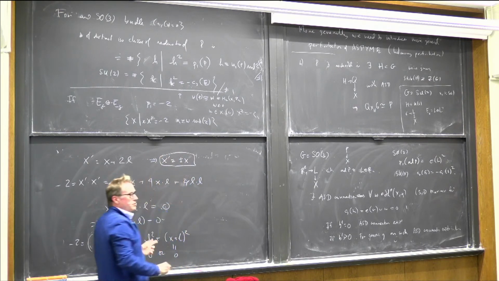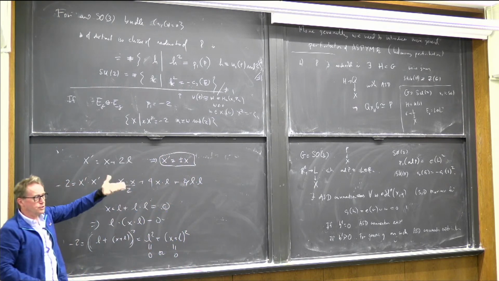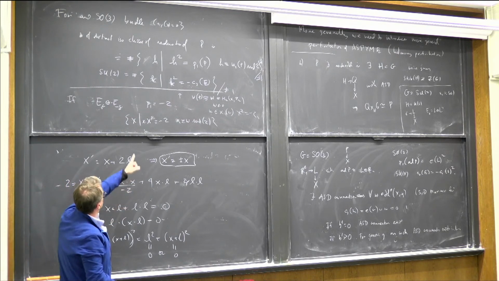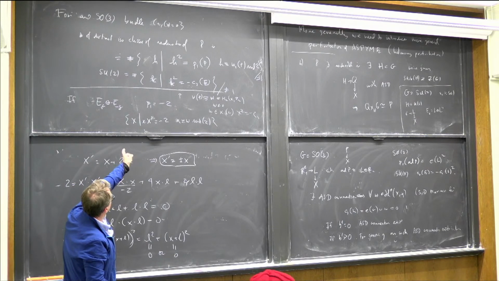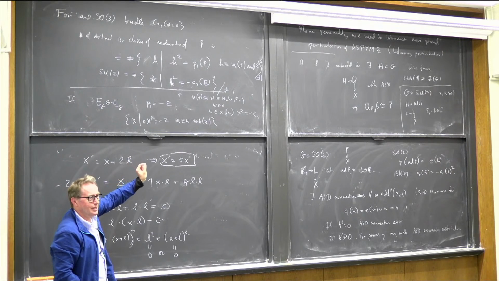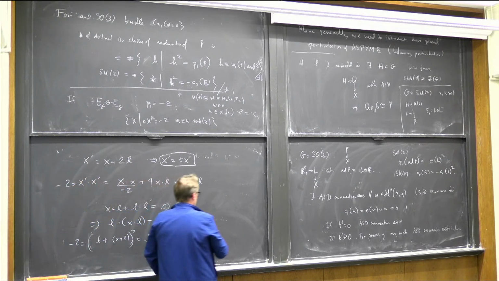So there's a unique solution, so the set parameterizing the reductions in this case has one element. And that's the thing that gives you this argument.